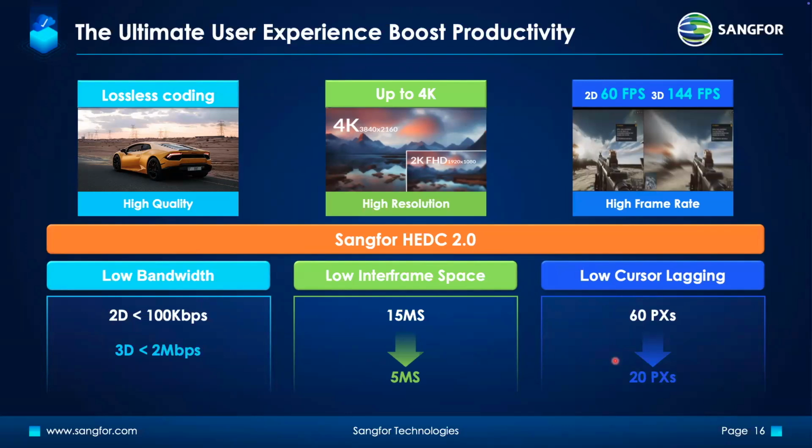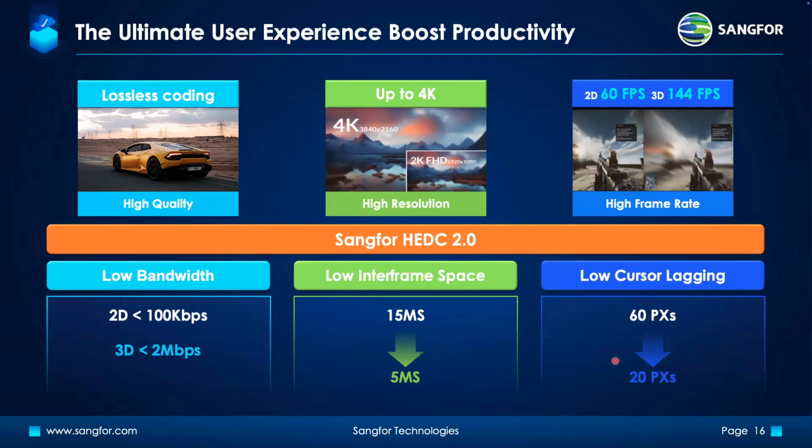and sessions. Most of the customers will ask you, what is the bandwidth consumption that we have with Sangfor VDI? If you look at the screen on the left side, you will see that for 2D, it is only 100 kbps. Okay, and for 3D environments, it is only 2 Mbps bandwidth consumption.